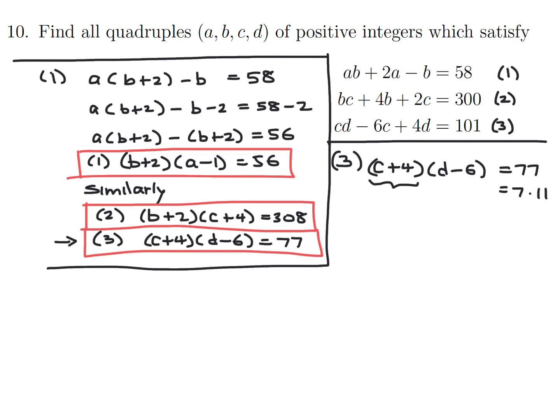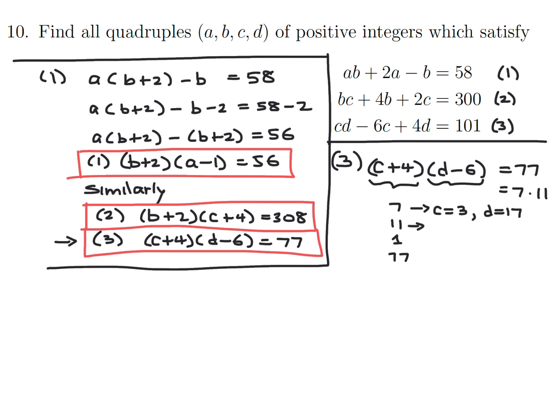That means c plus 4 could be either 7, 11, 1, or 77. If c plus 4 is 7, that means c is 3, and then d minus 6 would be 11, and therefore d would be 17.